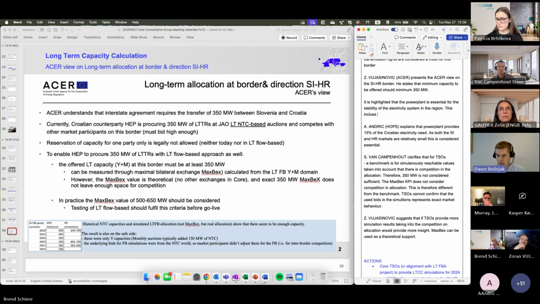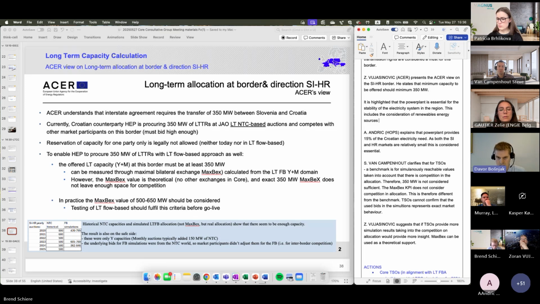Croatia and Slovenia are both countries on the bridge between Western Europe and Southeastern Europe. And those new requirements regarding balancing purposes, ancillary services, and the renewables behavior will probably consume most of the available capacity.